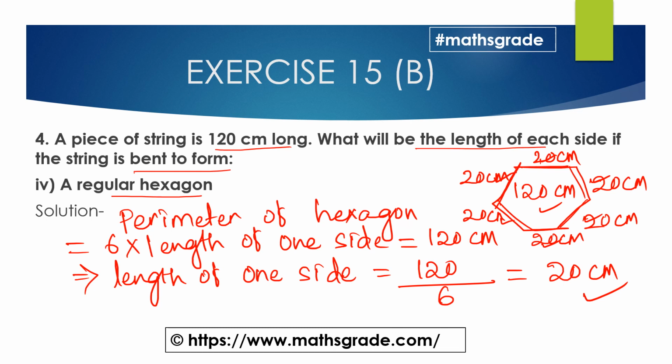We have to add all the sides, that is 6 multiplied with 20 cm, which is equal to 120 cm. That is the length of the string, that is the perimeter of the string or the perimeter of the regular hexagon. So our answer is correct. So the length of each side of the string, that is of the regular hexagon, will be 20 cm.